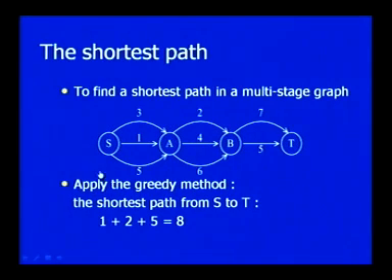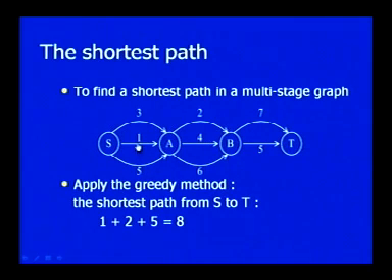You can see this graph, and we call this a multi-stage graph. The problem is to find the shortest path from S to T. So, I am here, and 3 choices are available to me: 1, 3 and 5.